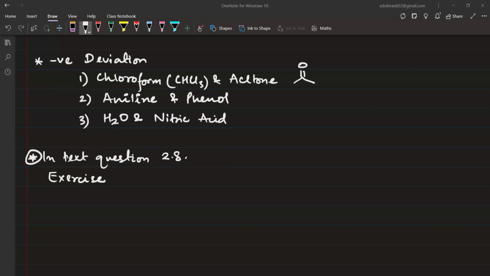And in the exercise, you will do question number 2.16. See, 2.14 is a theoretical question, so you can also write that. 2.14, then after that, 2.16.